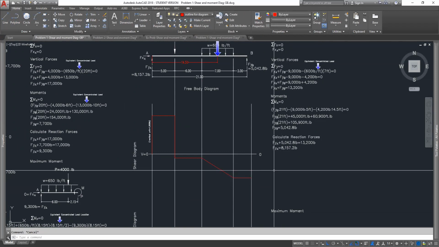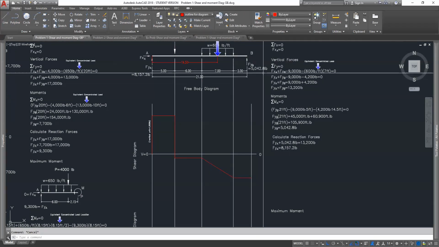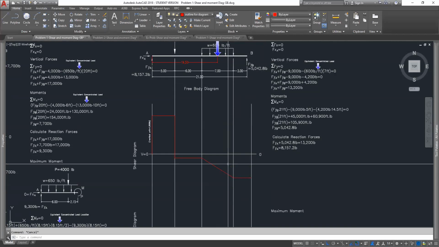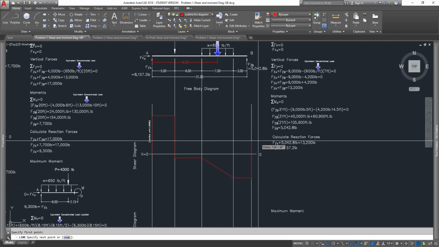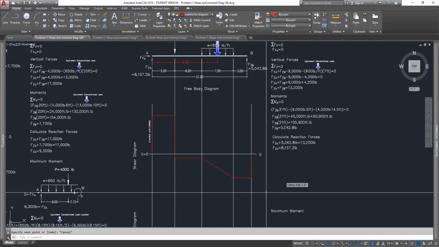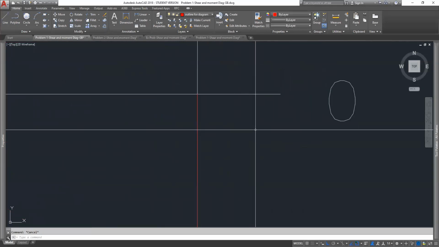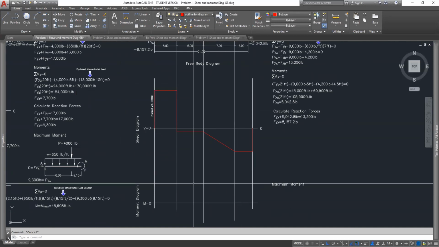Well, only up to the 5,042 line, where B is. 5,042.8, right? So I'm going to do a line command, and I'm going to enter 5.0428. Perfect. Located right into there.